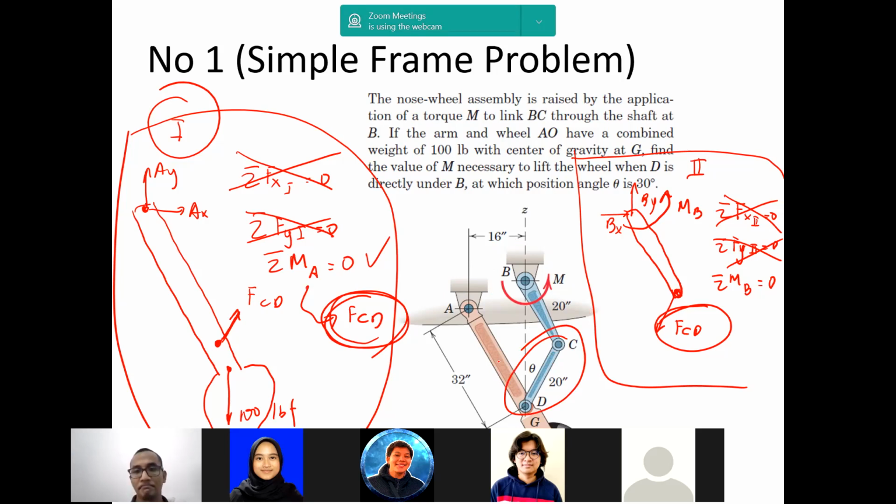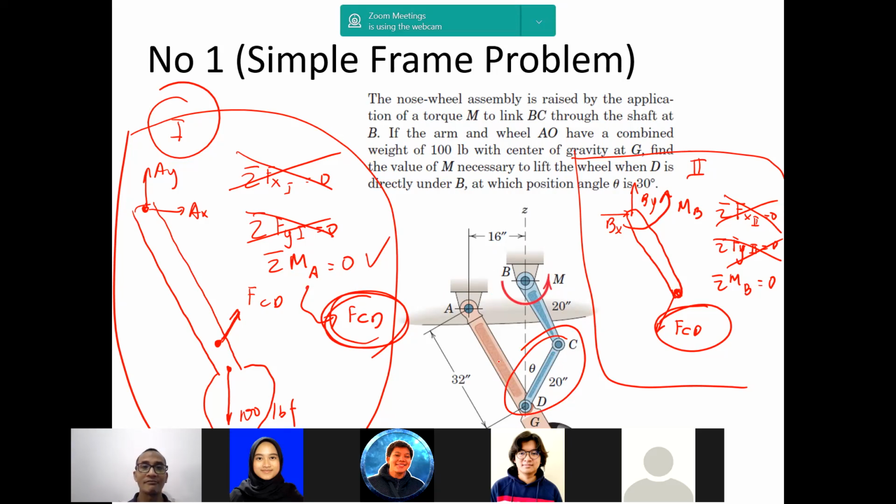Yes, correct, sir. That's the main problem. So I told you guys, for everyone here, the first thing to try to get whenever we solve a frame problem is to determine which member is a two force member.